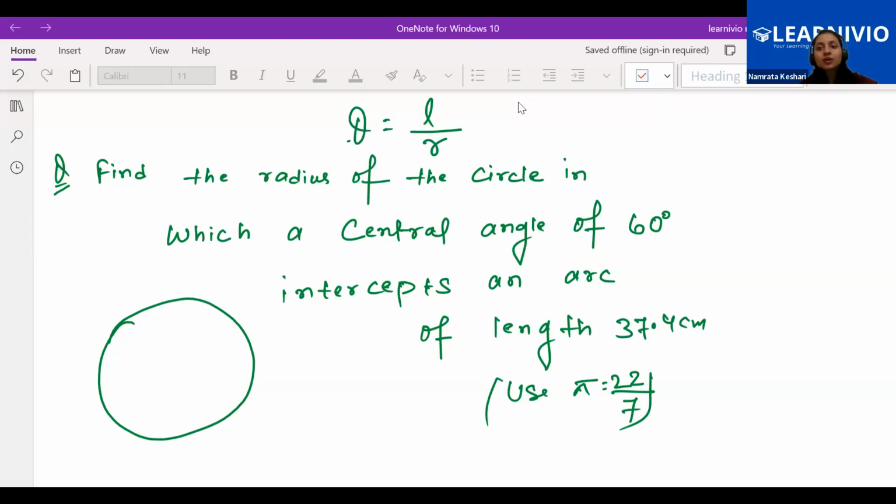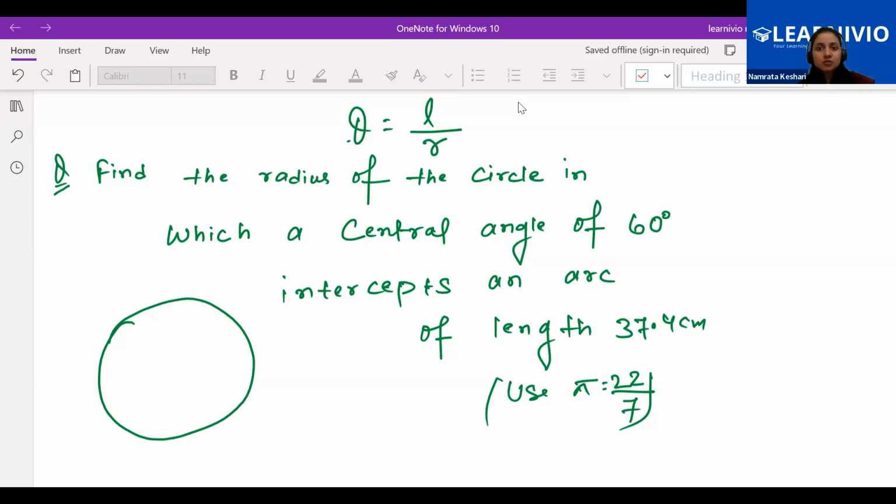No. This formula is only applicable when the angle is in radian. And from this formula, if you are finding theta in any question, that angle will always be in radian. This formula gives the angle in radian only. Only when the angle is in radian will this formula take the angle.